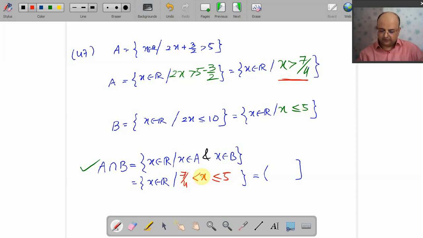This is nothing but the open closed interval 7 by 4 to 5. And believe me, this was asked in JEE.